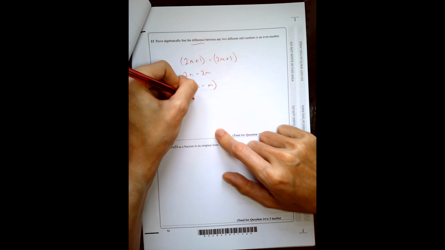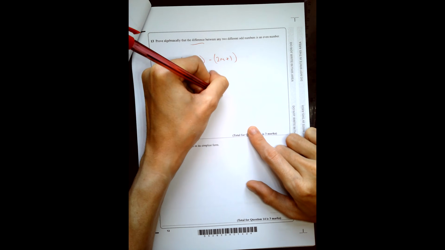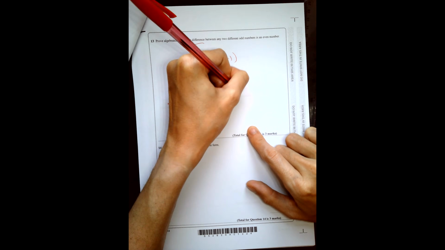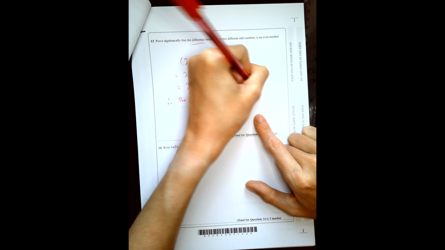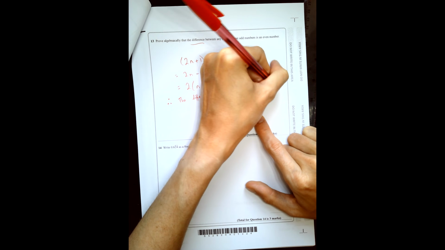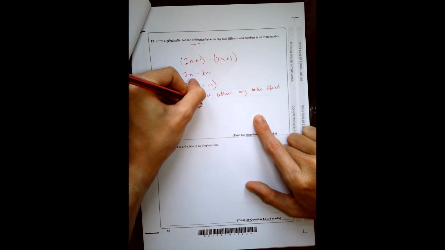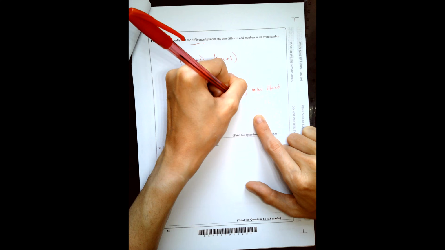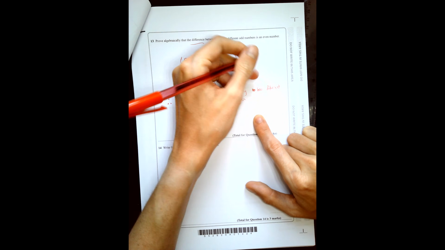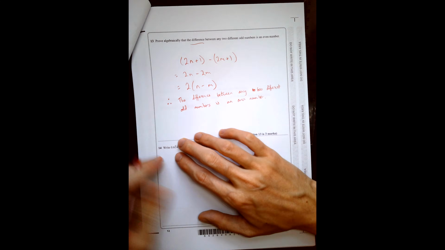The difference between any two different odd numbers is an even number. Okay.